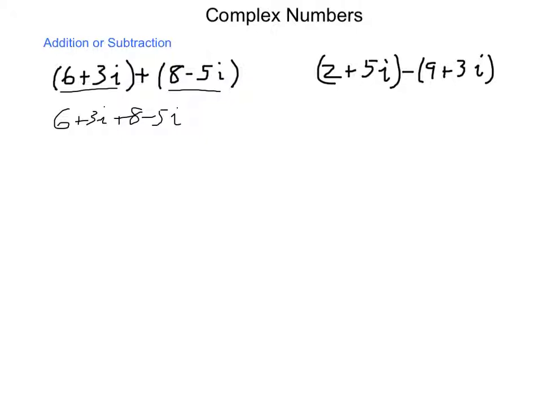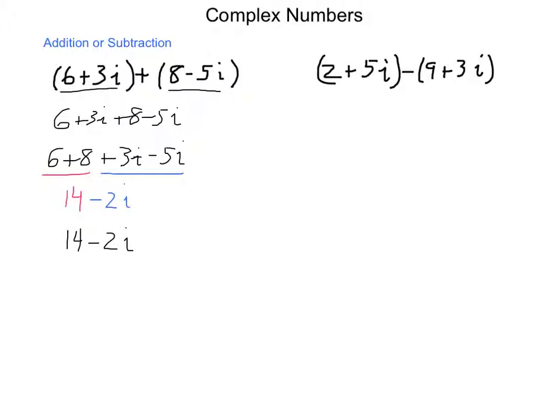I'm now going to use the commutative property to put my like terms together. That gives me 6 plus 8 plus 3i minus 5i. Now I'm going to combine my like terms. 6 plus 8 gives me 14, and 3i minus 5i is a negative 2i. So my overall value is 14 minus 2i.